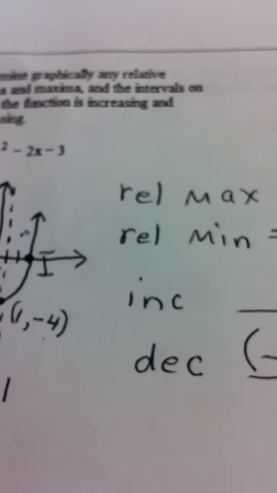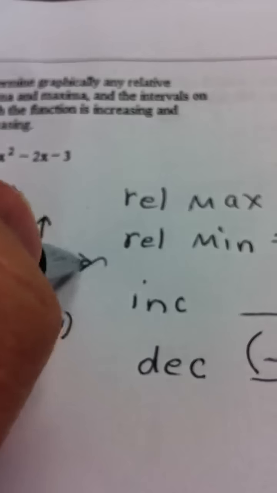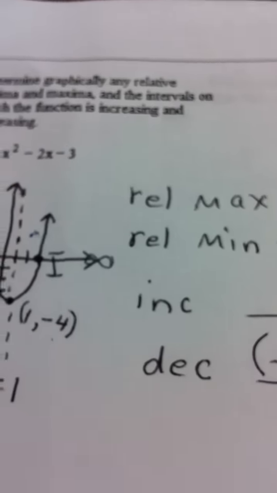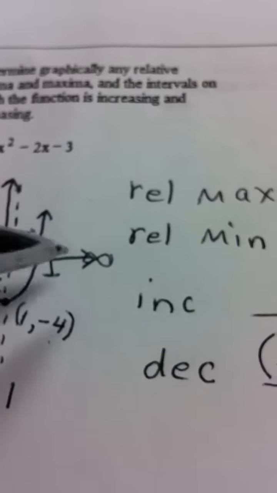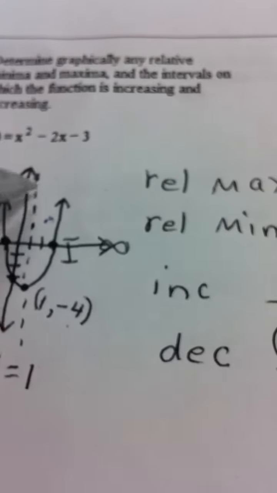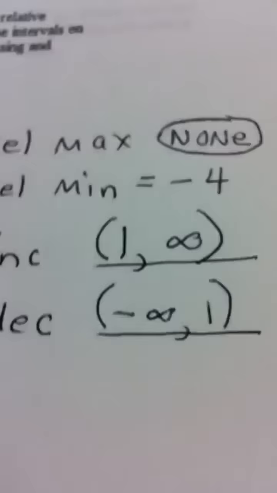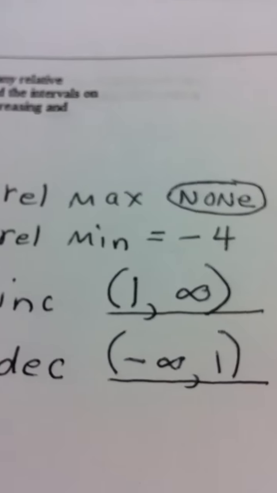Increasing, I start at 1, and I walk out on the x-axis toward the direction, just keep walking. So that's the symbol infinity. So the way I would answer increasing is from x equals 1, not included, 1 to infinity. And we're done.